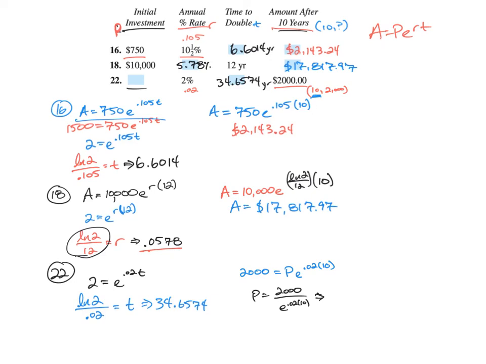And how much money did we start with? 1,637.46. So we started out with $1,637.46.